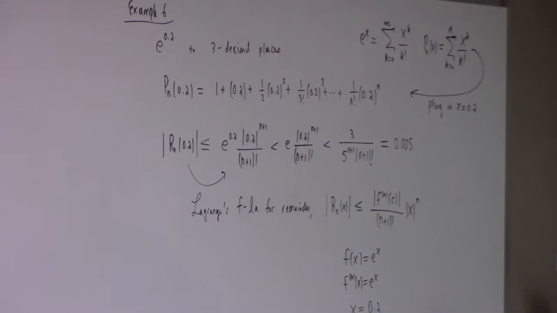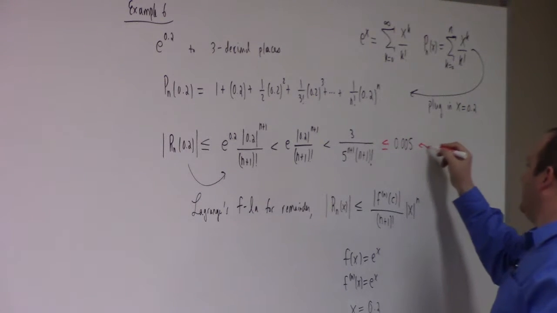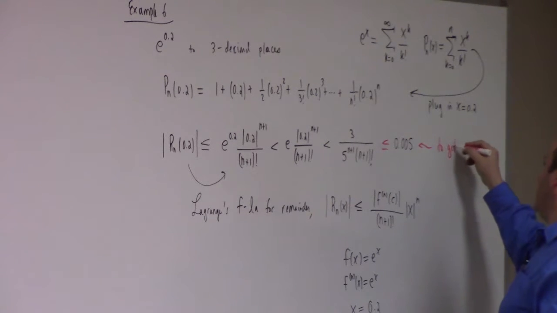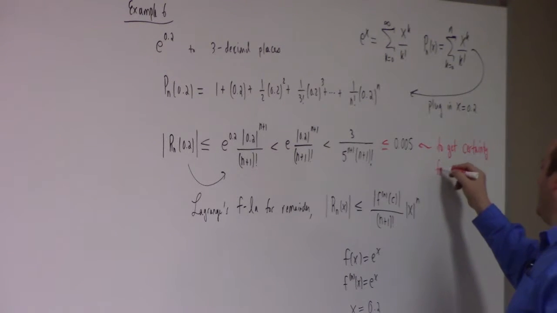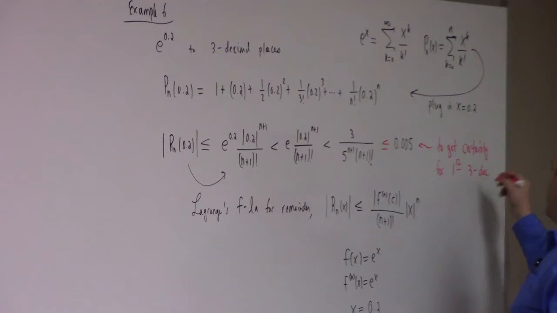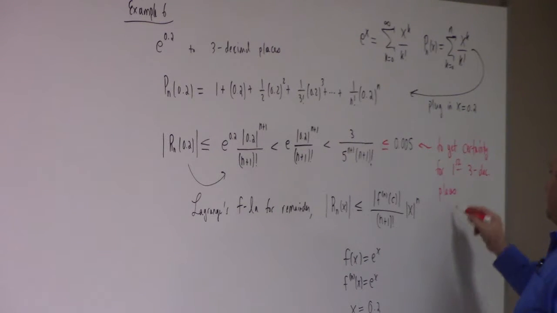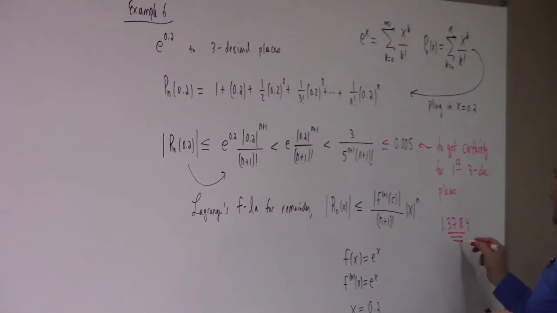Why do we say less than or equal to 0.005? This is for what? To get certainty for the first 3 decimal places. So if I had 1.3784, I could be sure that these digits were correct if I had an error of at most 0.0005.